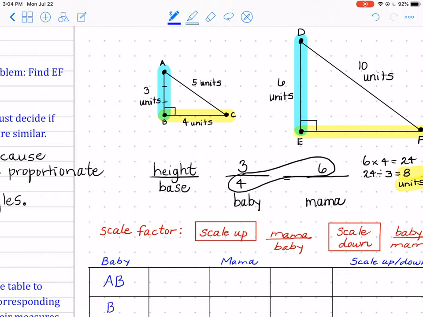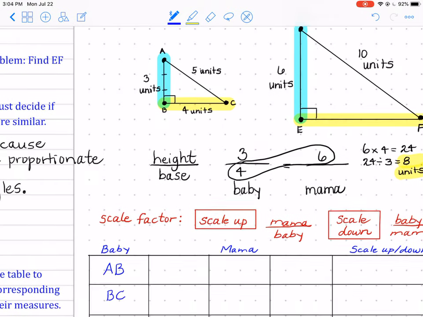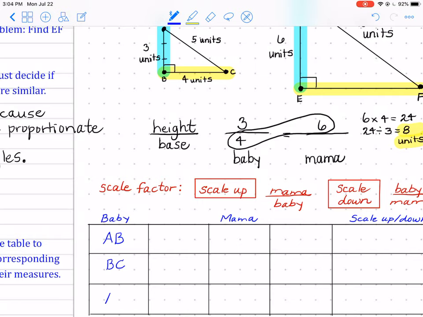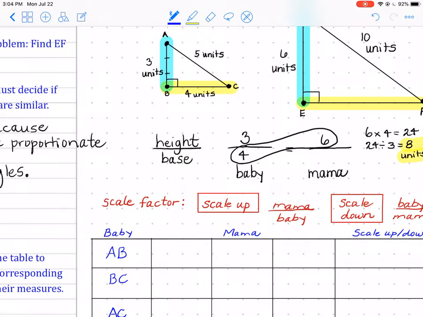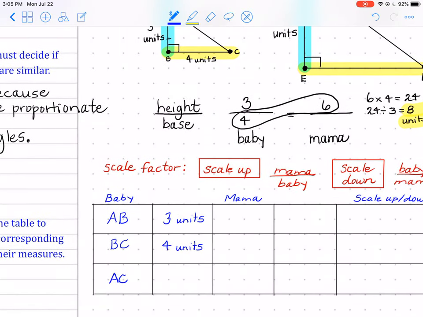One of them is B to C. And then the other one is A to C. So let's go ahead and get the dimensions for A to B. We know that that is 3 units tall. Then from B to C is 4 units long. And from A to C is 5 units.